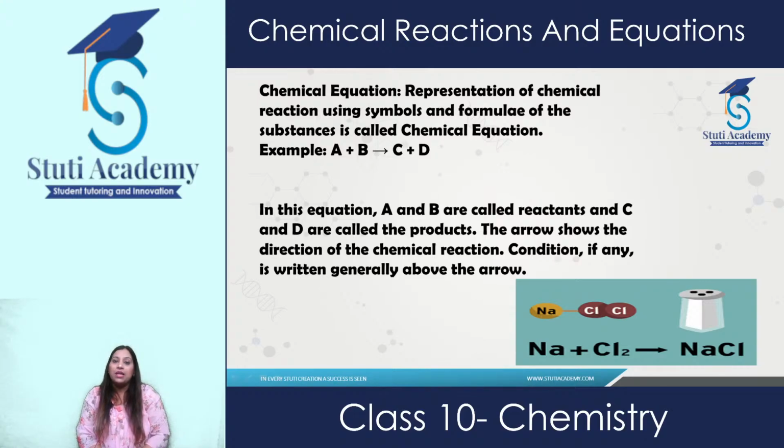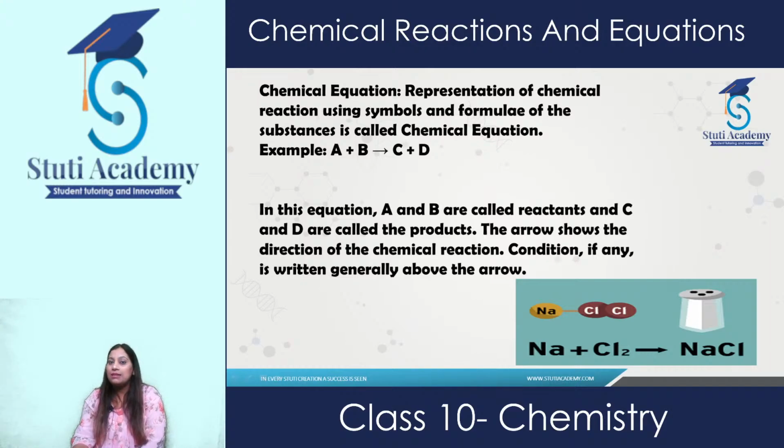Apart from this, when a chemical reaction takes place, the products obtained have the same number of atoms as the reactants. For example, if we have two molecules of hydrogen in the reactants, in the products also we have the same two molecules of hydrogen. And how can we balance them?